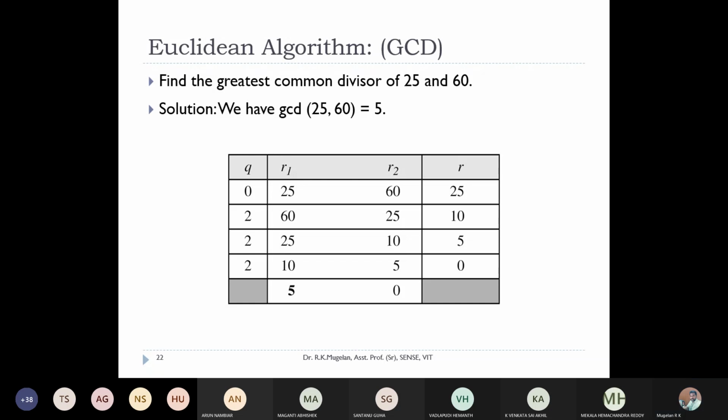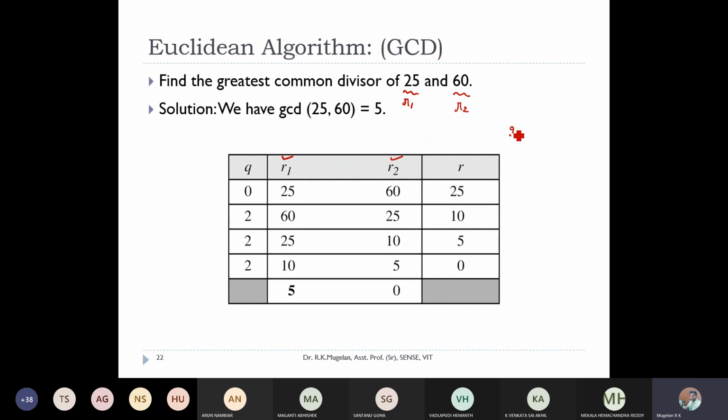Suppose, I hope you remember this one if I explain it to you. They ask you to find the greatest common divisor of two integers, 25 and 60. What I will do is take 25 as R1 and 60 as R2. So I have written R1 and R2 as 25 and 60.